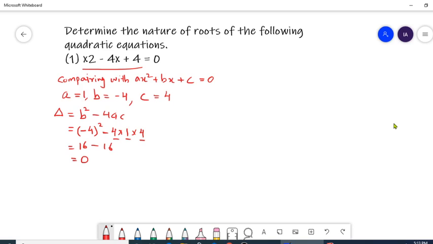Now as you can see here, delta is equal to 0. If delta is equal to 0, then the equation will have real and equal roots.